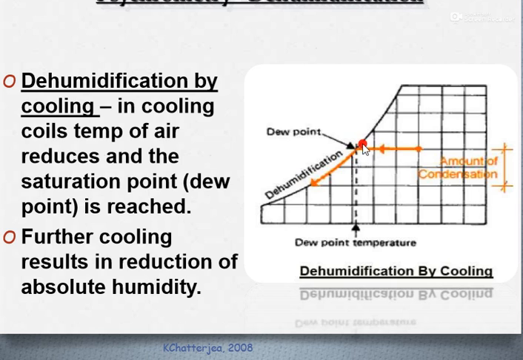At this saturation curve vapor starts condensing, and the dehumidification process is like this. We can see at this point W1 may be there, at this point W2 may be there. W1 minus W2 will give you the amount of condensation.